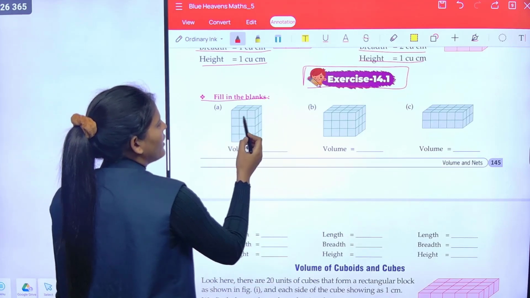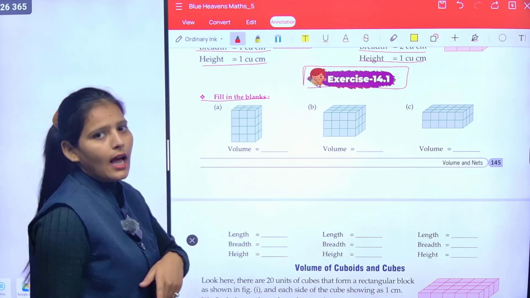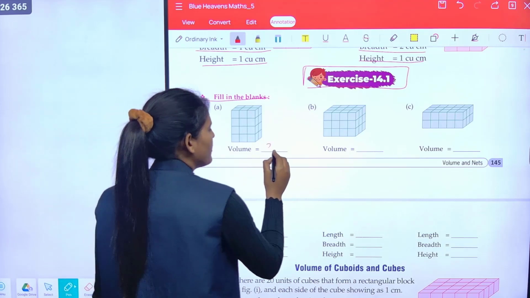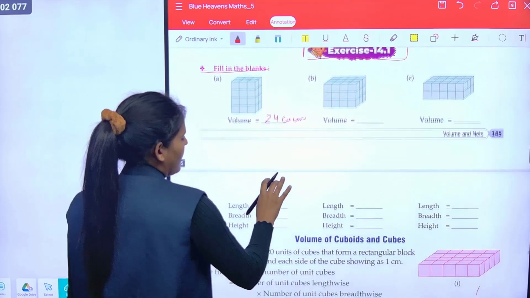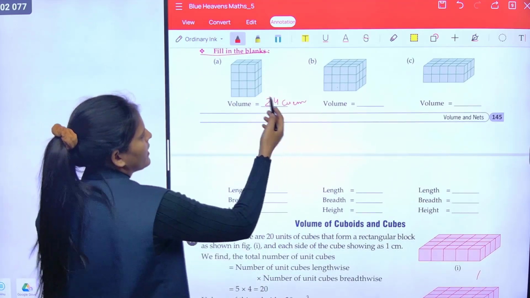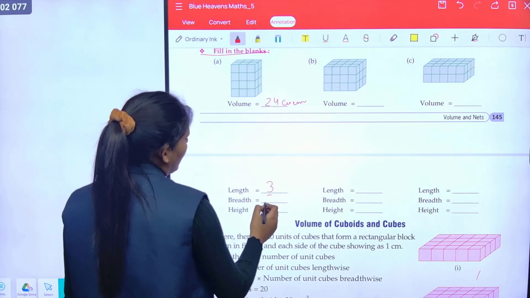Now class, volume 1, 2, 3, 4, 5, 6, 7, 8, 9, 10, 11, 12. So class, 12 twos are 24 cubic centimeters. Understand? Yes class. Volume 24 cubic centimeters, length 1, 2, 3, breadth 2 and height 4.